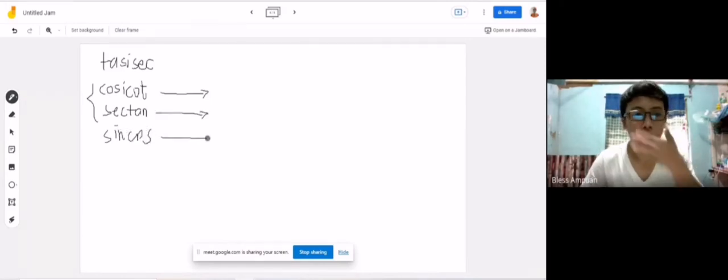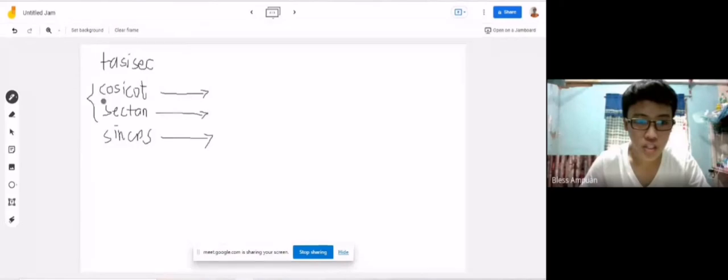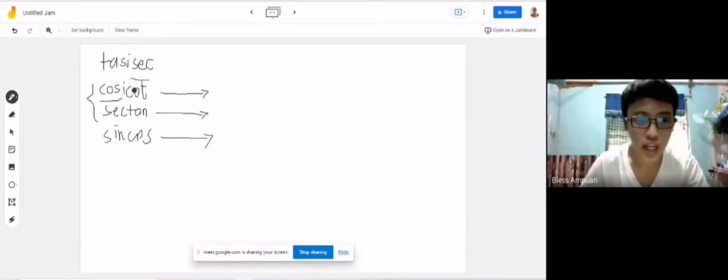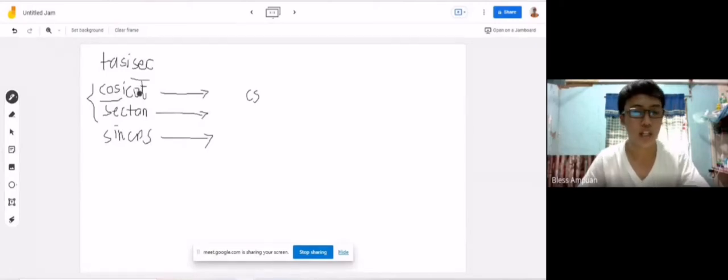This cosecant refers to cosecant plus cotangent, right? Or anyway, you can create your own. Cosecant means cosecant, cot is cotangent.